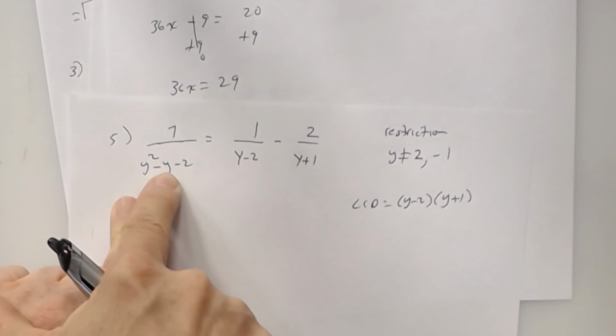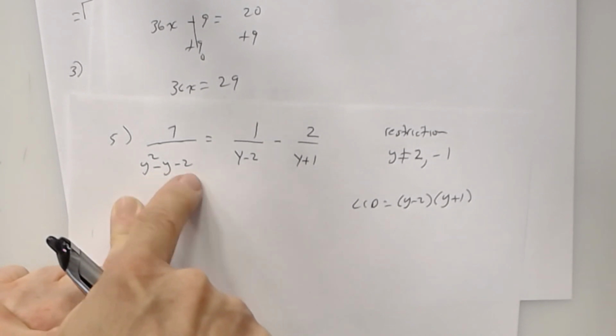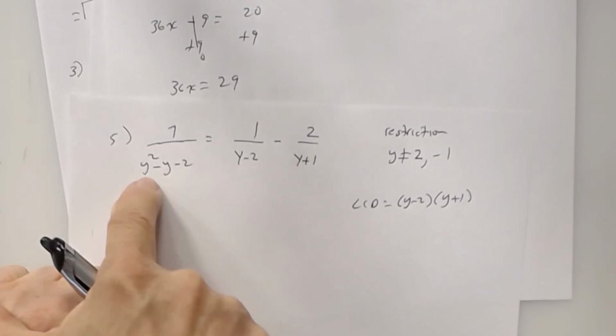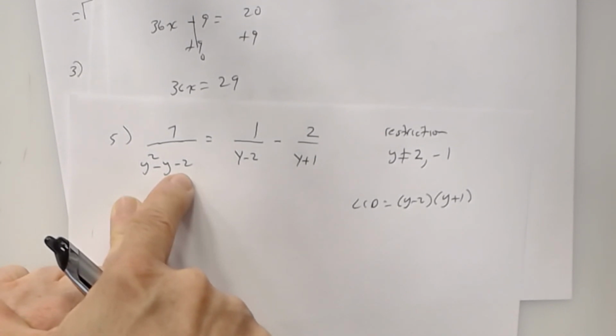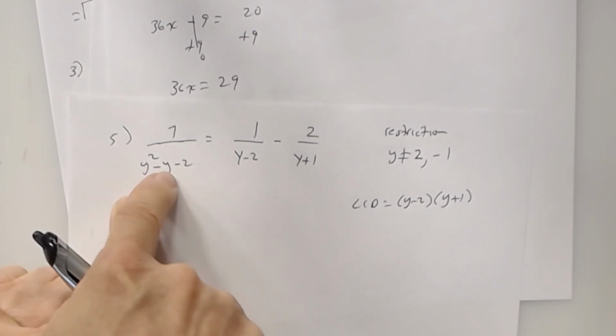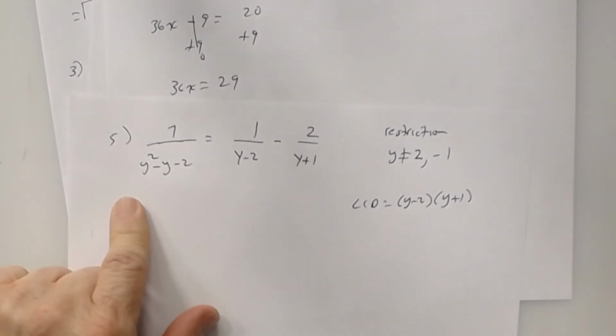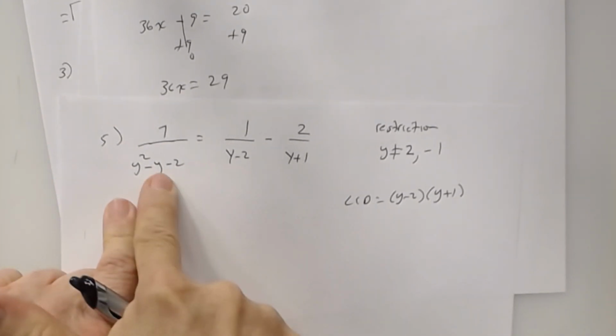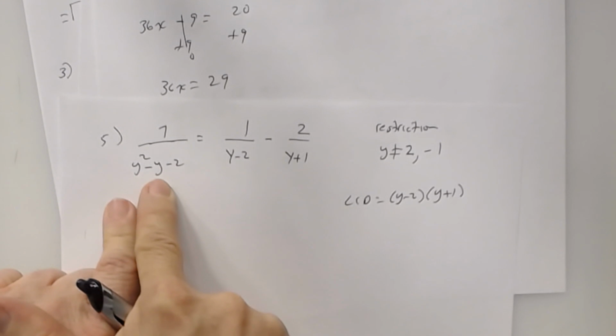What is the GCF? 1. Yeah, 1 goes in all of them, so the GCF is 1. There is no other number other than 1 that they all have in common. I think yesterday we did one where we had to take out a 3, so the GCF was a 3. Here it is just a 1, so there's nothing else you can do in terms of the GCF.